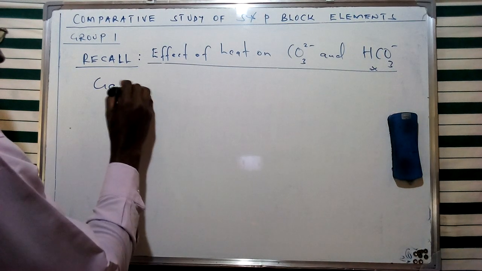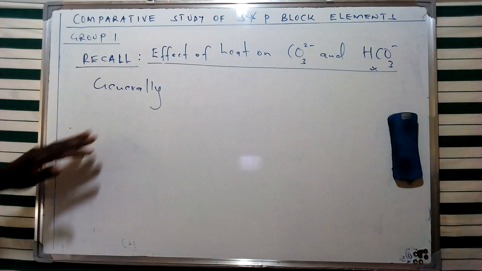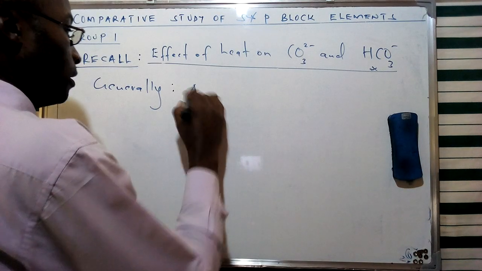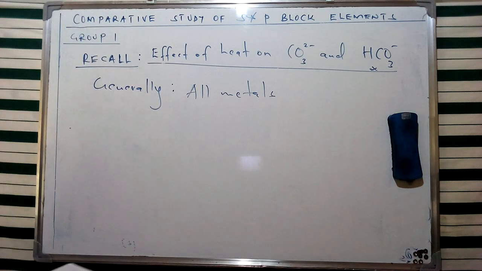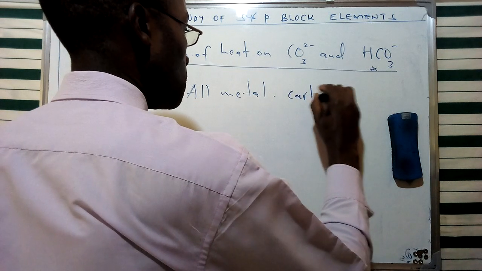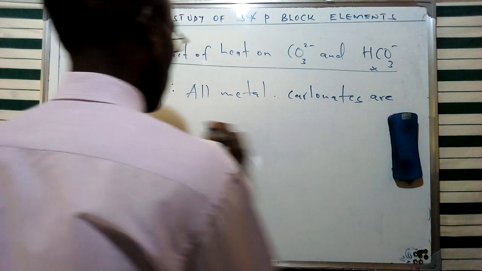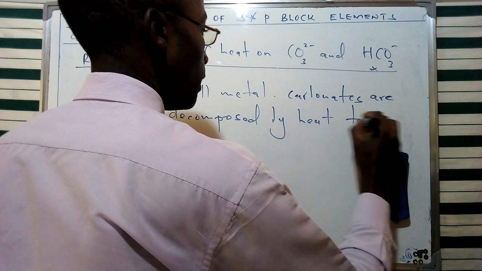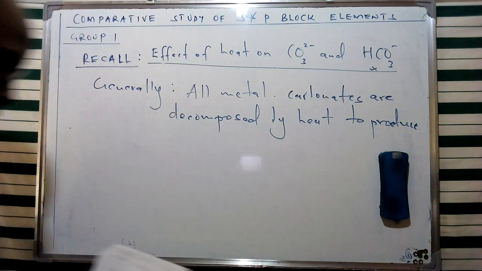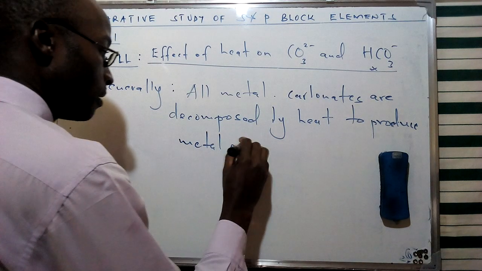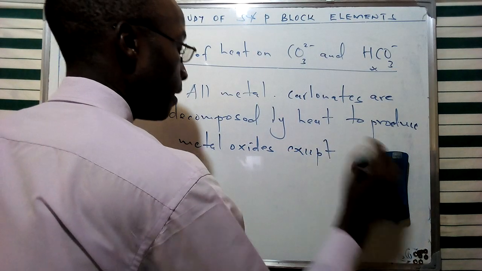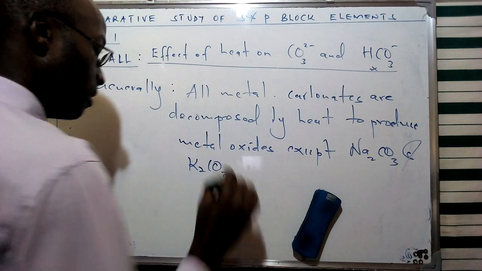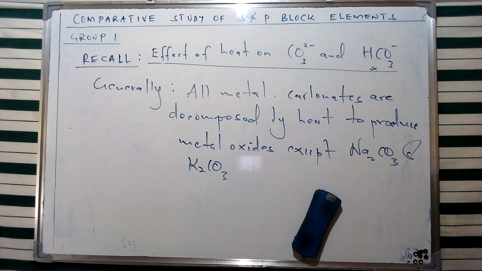So, generally, we're going to have the metal carbonates, which are going to give a metal oxide and carbon dioxide, and of course I'm going just to say that all metal carbonates are decomposed by heat to produce metal oxides, except sodium carbonate and potassium carbonate, given as such.